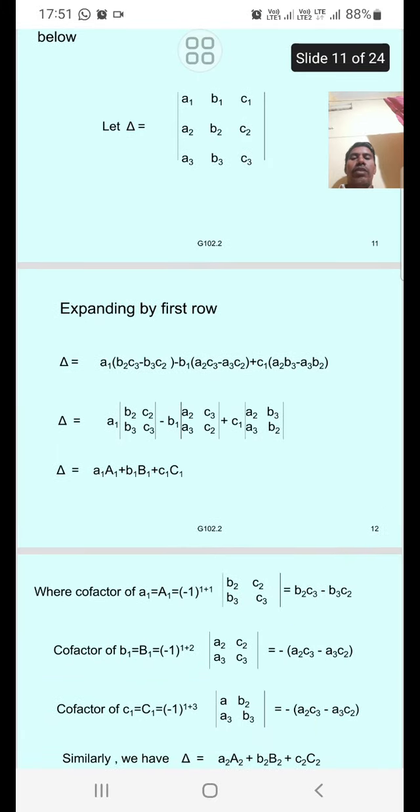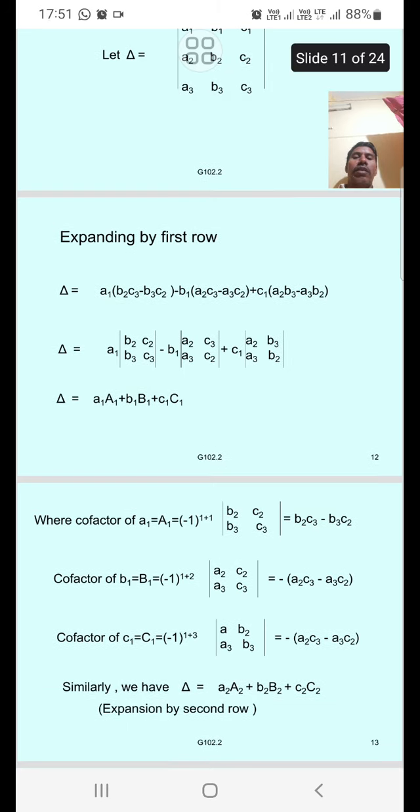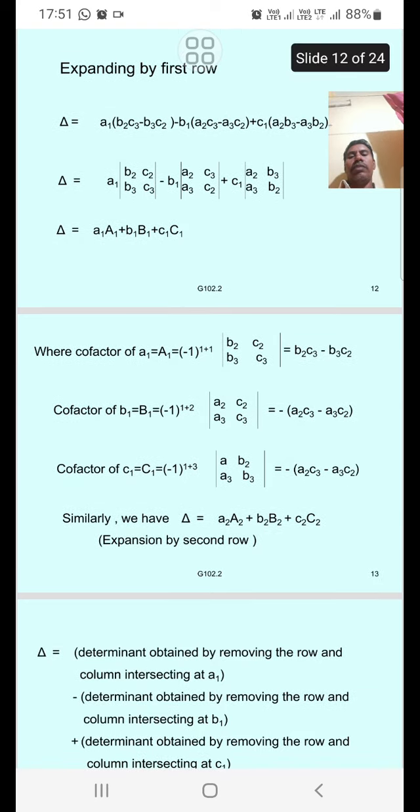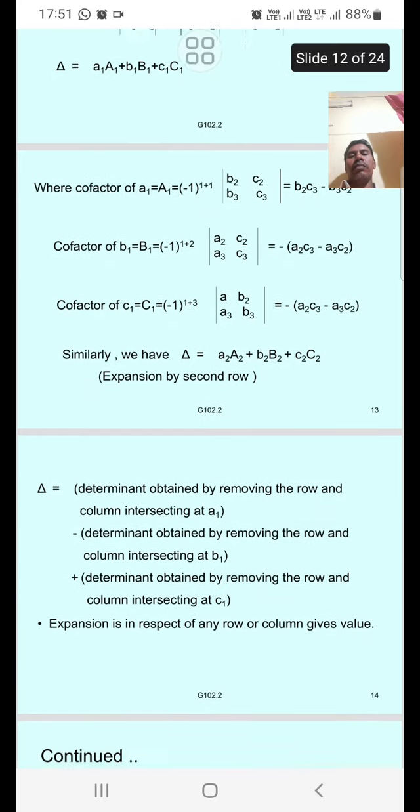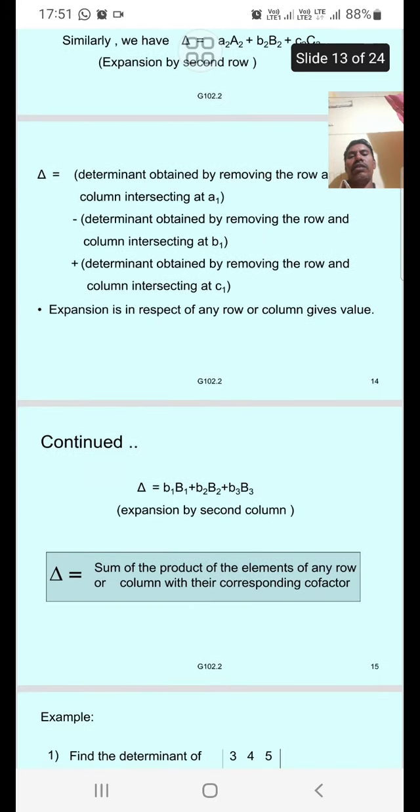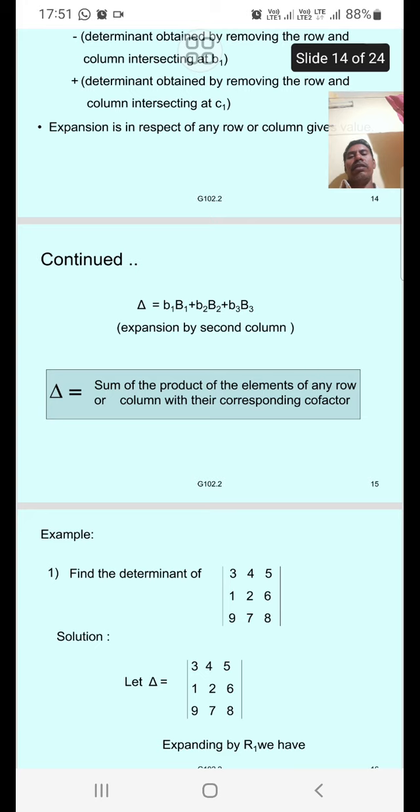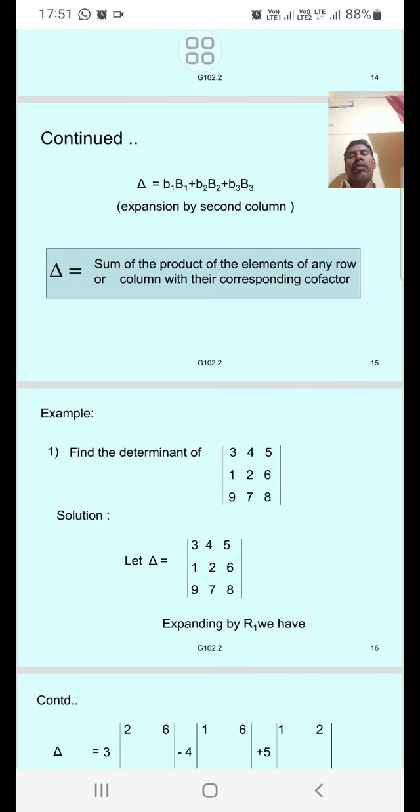By expanding first row, if we remember that by using that one line, if we substitute for any 3 by 3 matrix taking first row, that is also helpful, and that is also a chance to get a value, definitely. So this is the way or procedure.